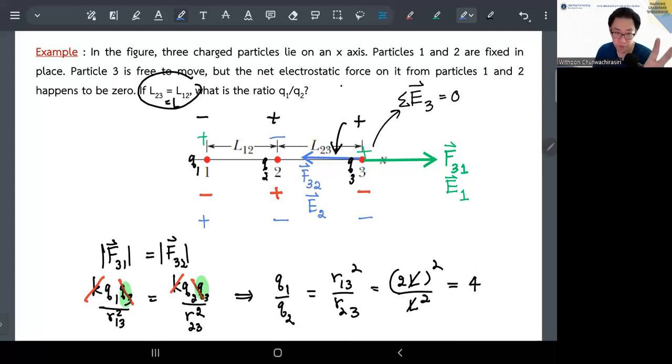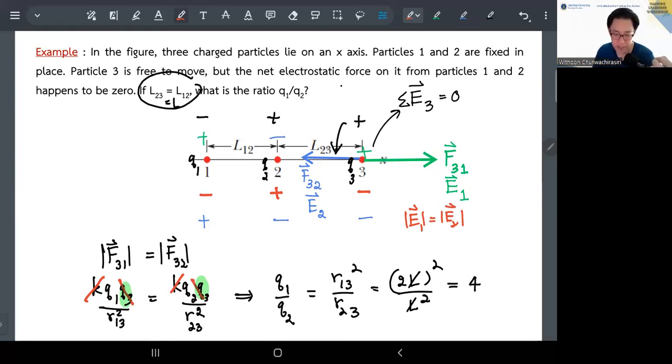Cool? And if that is the case, all I need to do is just assume that the charges on 1 and 2 must be different types because I want the electric field to point in the opposite direction. So let's go ahead. I want the magnitude of E1 to be the same as the magnitude of the field E2. And what is the electric field equation?